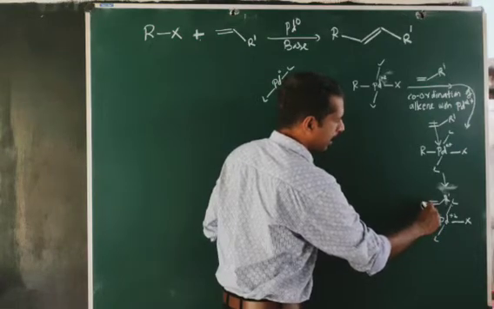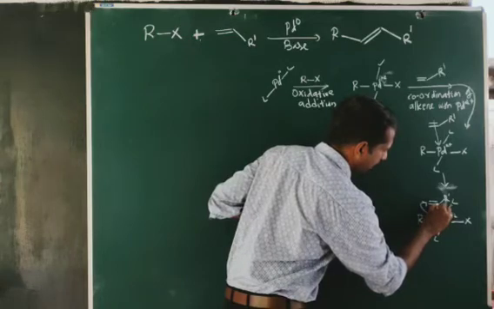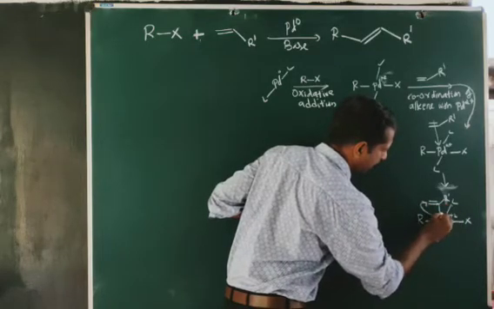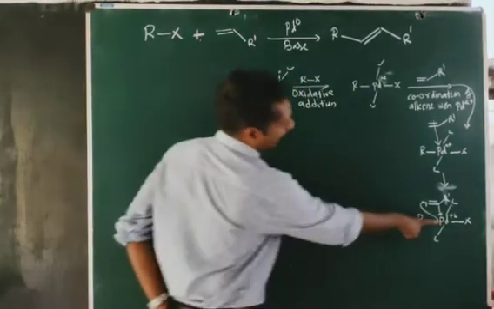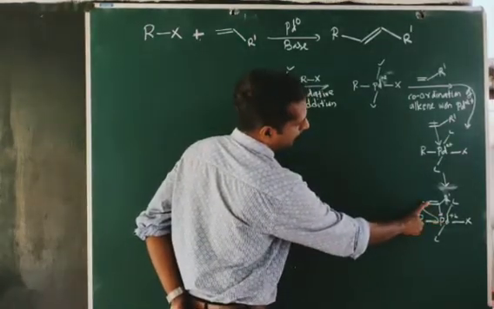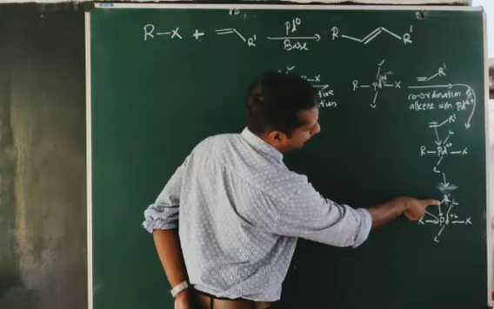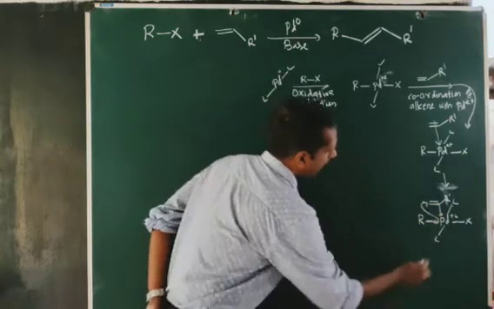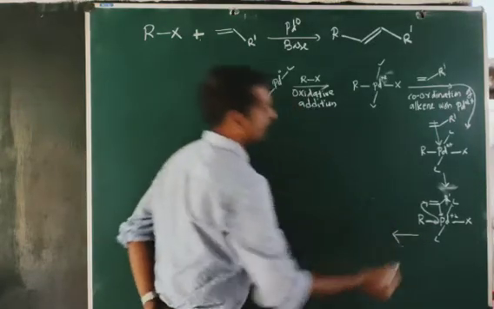Simultaneously, the pi bond breaks from the CH carbon and shifts to palladium. So the R is breaking from palladium and joining with the CH2, and one of the double bonds is breaking from this CH carbon and joining with the Pd2+, and we get a structure like this.